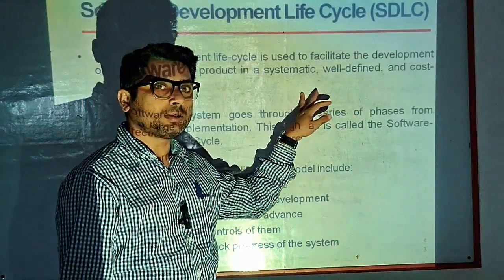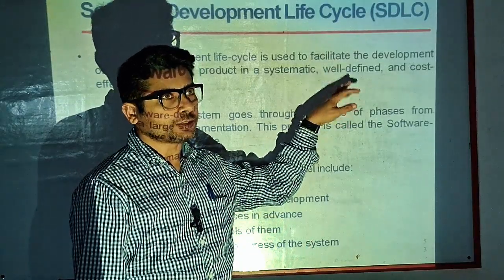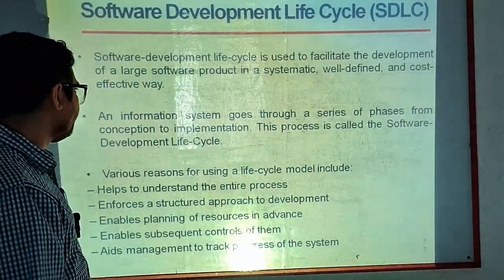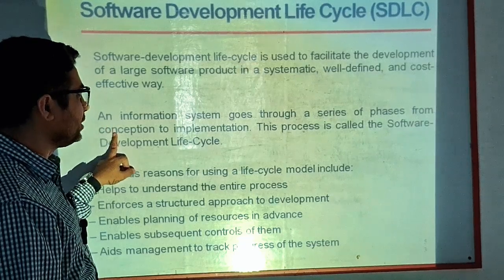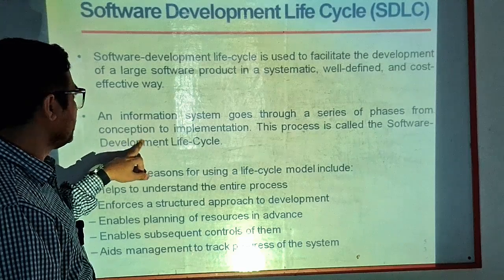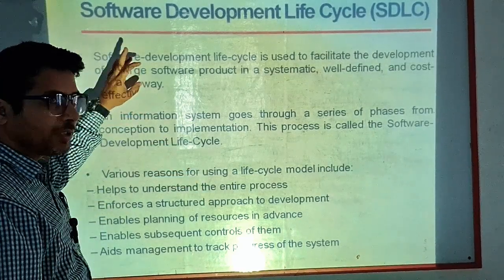Okay, so this SDLC specifies some instructions so that it can help in developing a software. An information system goes through a series of phases from conception to implementation. This process is called software development lifecycle. So this was one definition.